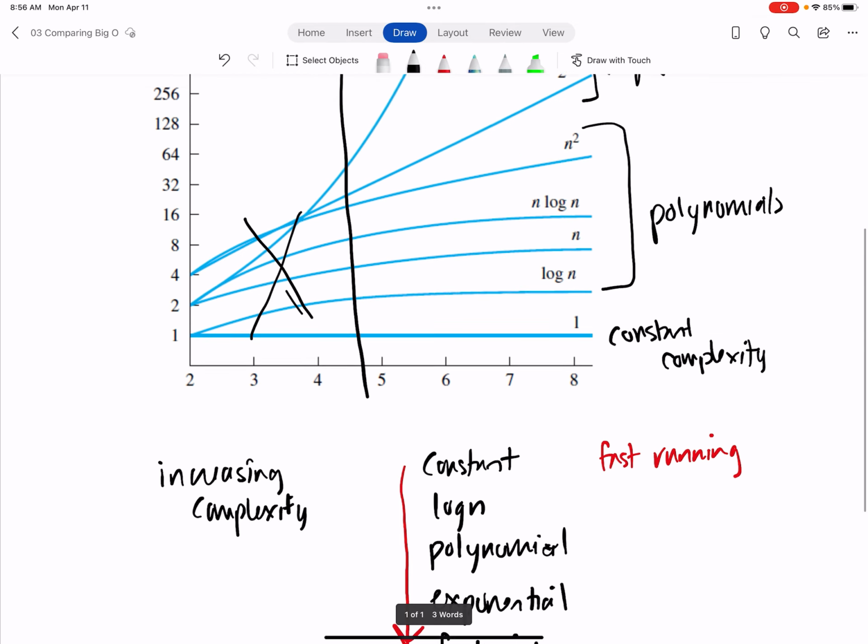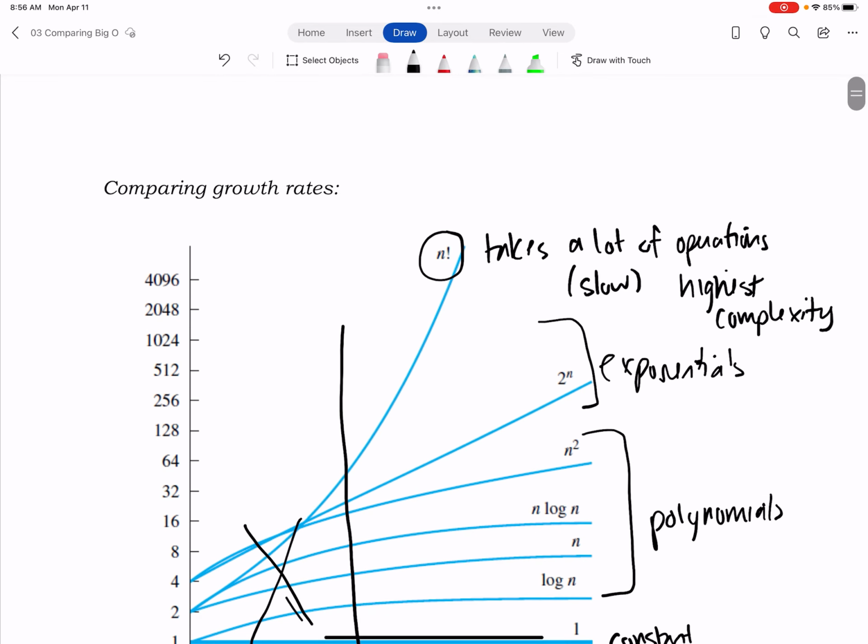When you think about f of x is O of g of x, what I want you to remember is that the one inside the O is larger and the f of x is smaller. So this is smaller on the graph here, and this is the larger one.